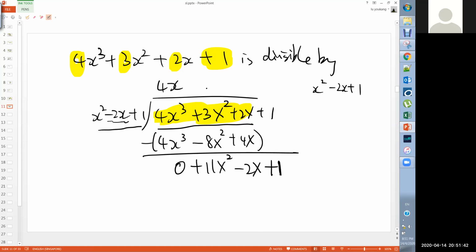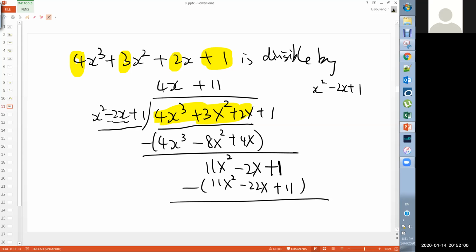How do you continue? Plus 11. Yes, plus 11. So we get 11x squared minus 2x plus 11. Then once again, 11x squared minus this, gone. Minus plus, so plus 20x.